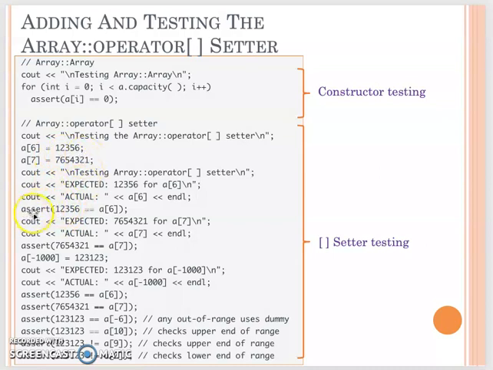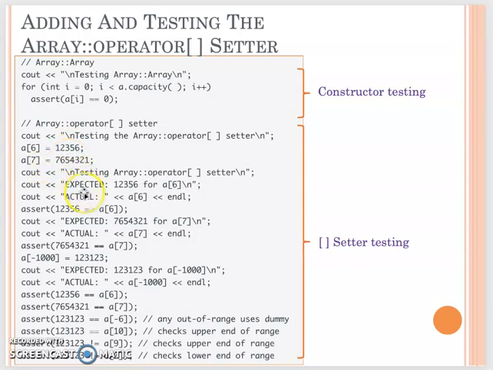That's why you see we use the assert function to compare whether the value at index 6 is equal to the value we assigned earlier. The same thing for 7. These two are according to the index being within the boundary, so that's a valid index, and they should be assigned correctly.